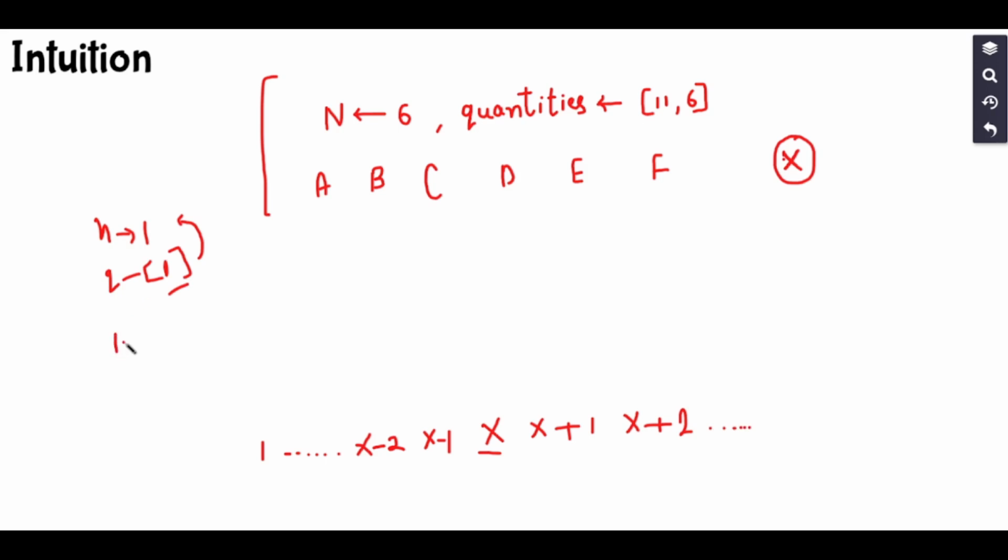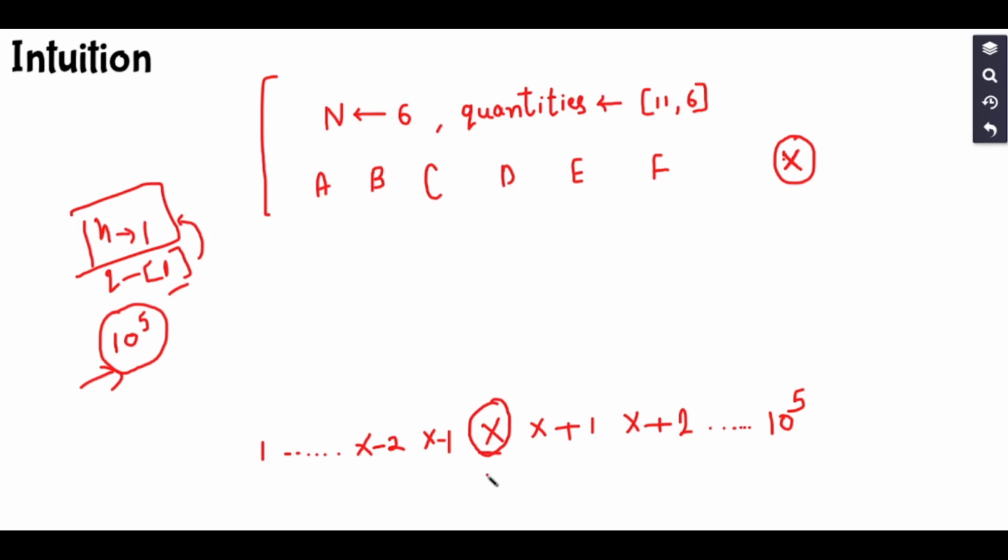Let's say we can have a product of maximum quantity 10 raised to the power 5, and we can deliver entire quantity to a single shop. In case we have only one shop, in that case the answer would be 10 raised to the power 5. Okay, this is the right extreme, and this is my answer.